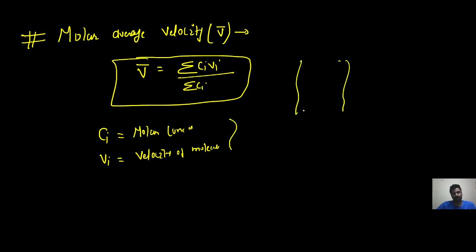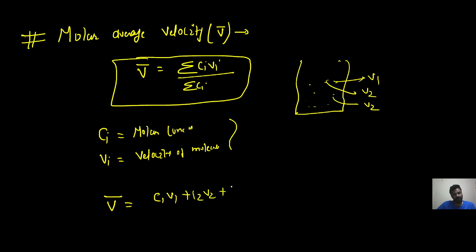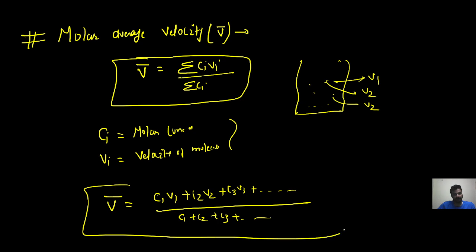See, in a mixture there are lots of molecules, and every molecule has some velocity, so you can call them V1, V2, V3. If you want to calculate the molar average velocity V bar, it equals C1 V1 plus C2 V2 plus C3 V3 and so on, upon C1 plus C2 plus C3 and so on.